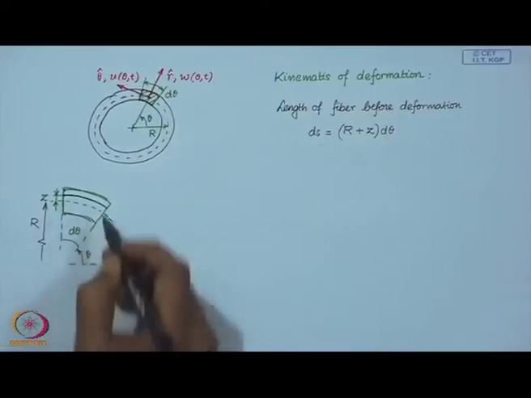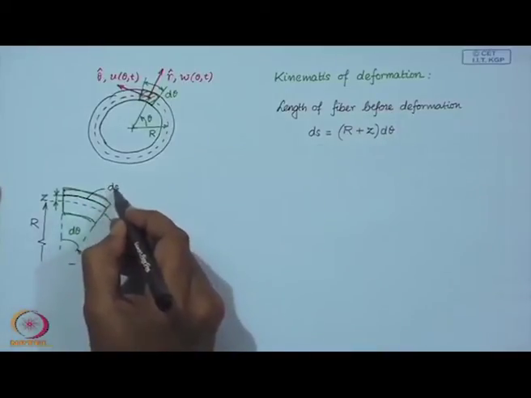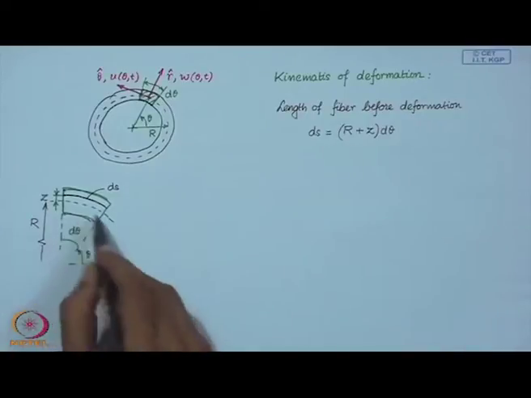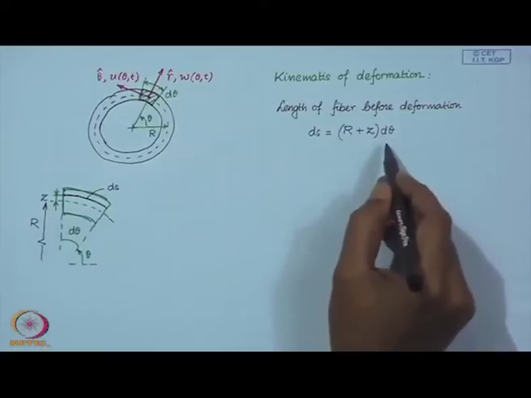So, ds, the length of this fiber before any deformation, is (r plus z) times d theta.